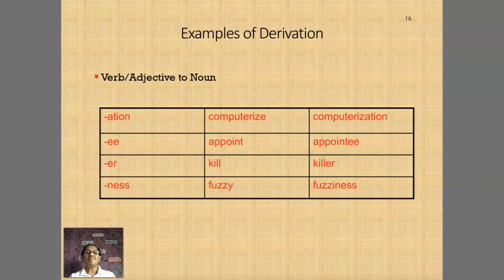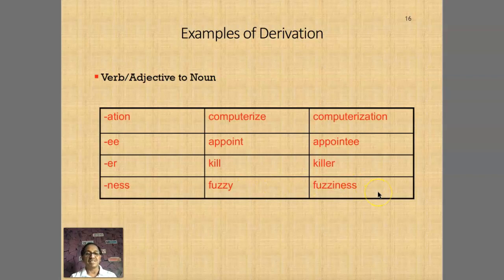You also have verb to noun or adjective to noun. Ation, ee, er or ness, these are all nominal suffixes. Computerize becomes computerization. Appoint becomes appointee. You also have ment. You can also use appointment with a different meaning, which is also a noun. Kill, killer.